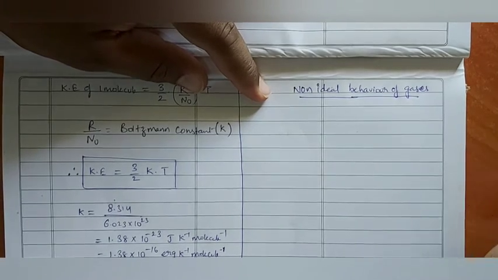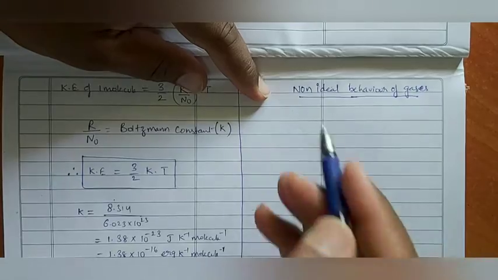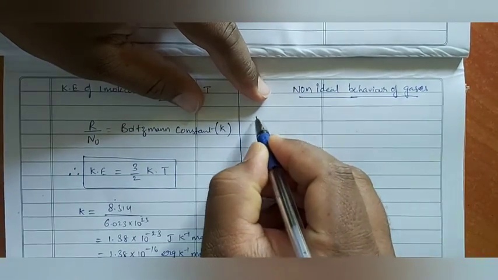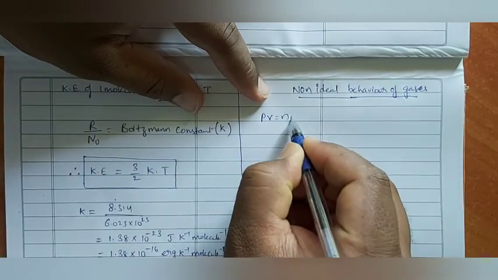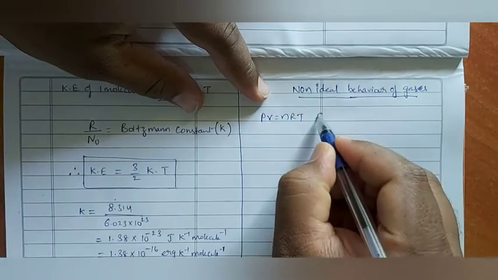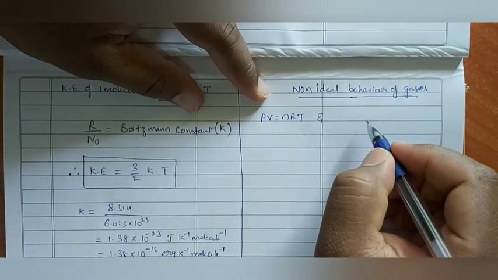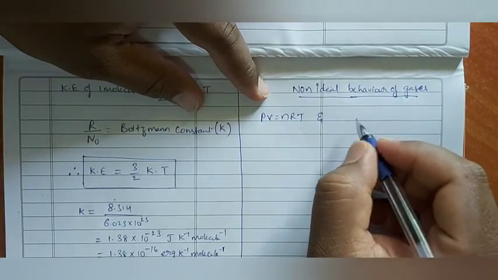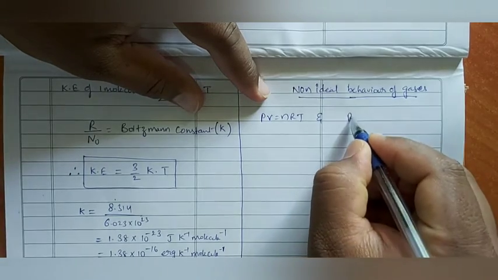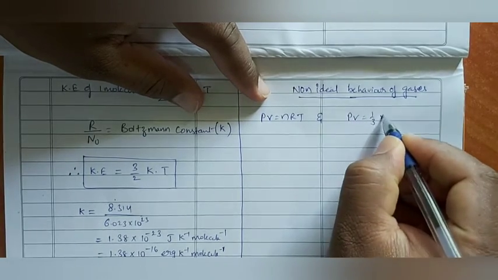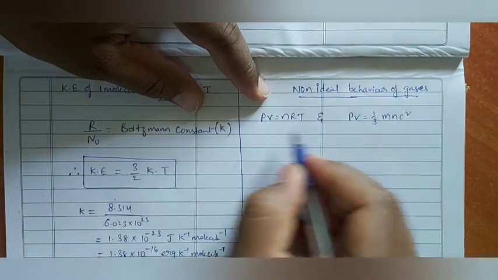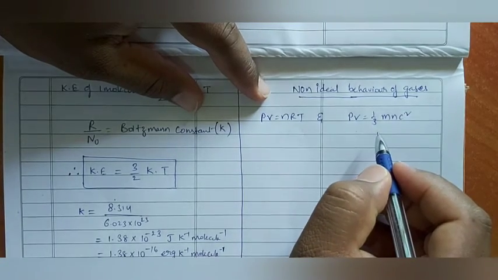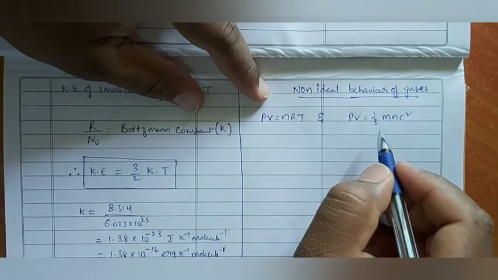Is it okay? First, the gases which obey the ideal gas equation PV is equal to nRT, and the equation from kinetic molecular theory of gases, that is PV is equal to 1 by 3 mnc square.